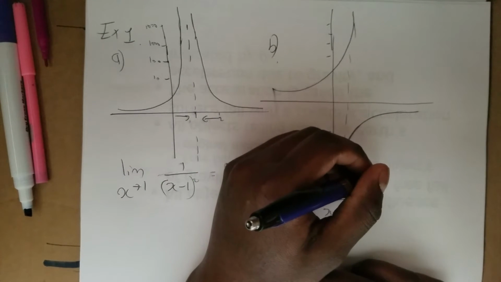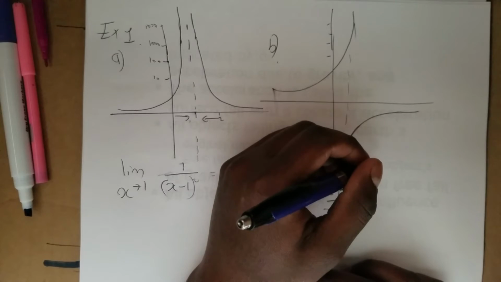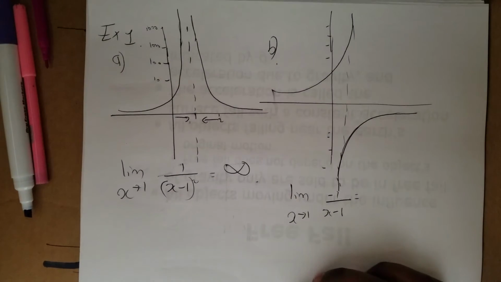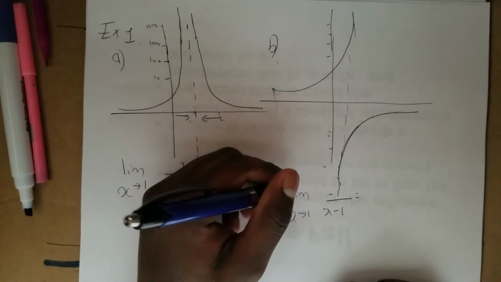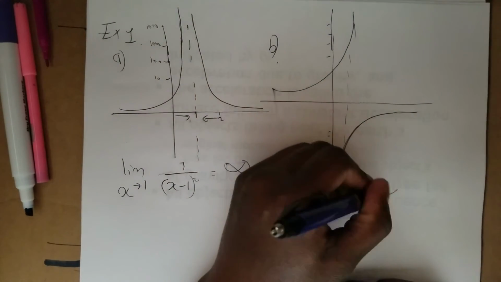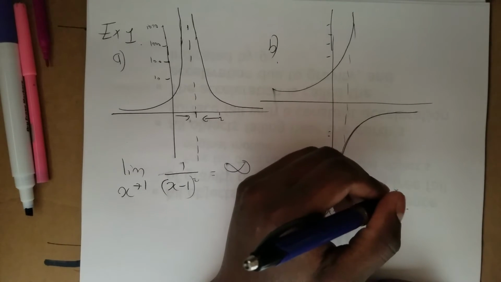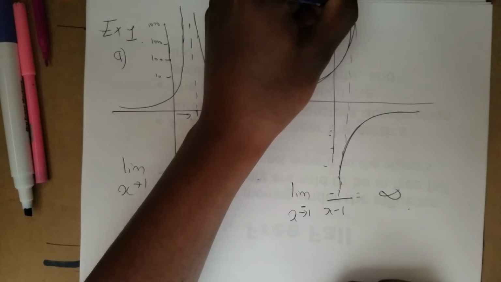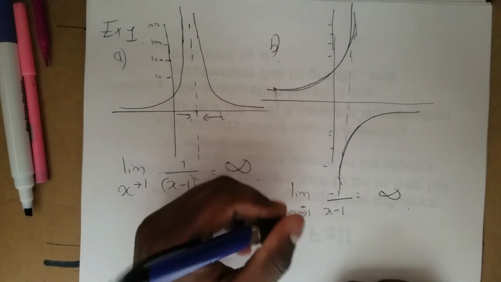So the graph would be infinite in the positive and negative direction. Coming from the negative side, it will be infinite. You see, it comes from the negative side, but it's on the positive, so it's positively infinite.